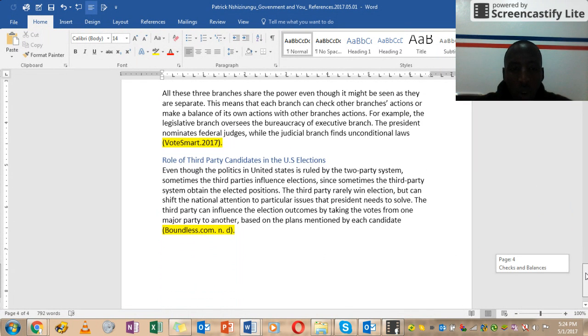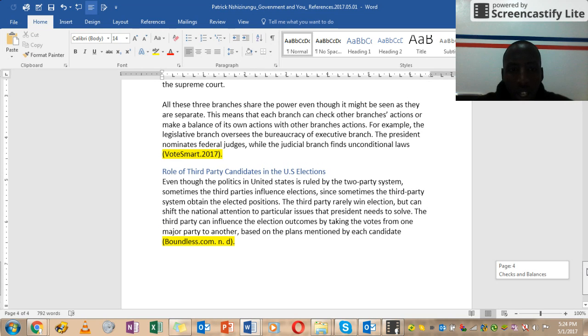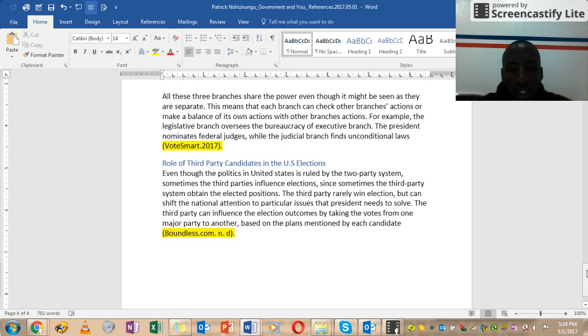So, continuing, as we've talked about, there are mainly two big parties. There is also the third party, and one wonders what the role of this third party is in the elections. Even though politics in the United States is ruled by a two-party system, sometimes the third party has influence on the elections.